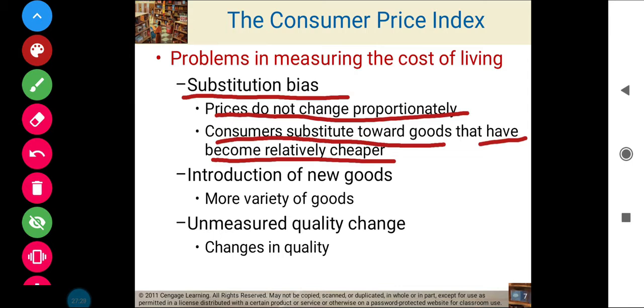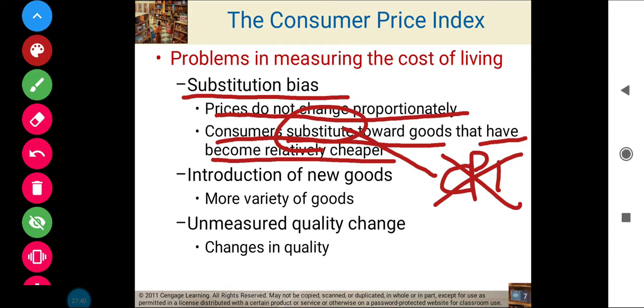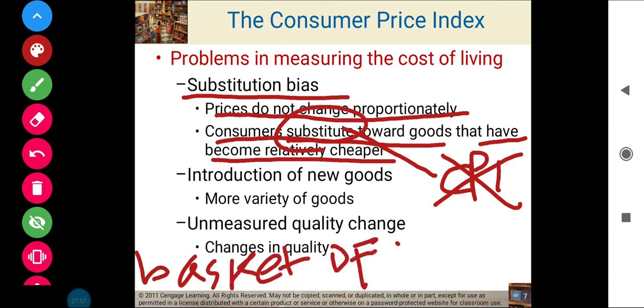But if consumers substitute goods, these substitutions cannot be calculated in the CPI, because the CPI is formulated using a basket of goods which is fixed. The basket of goods must be fixed. So the CPI overstates the increase in the cost of living.